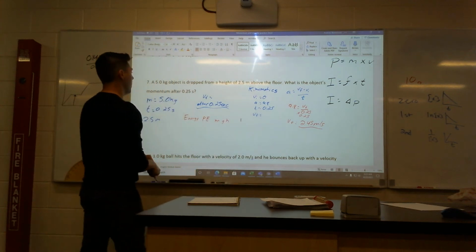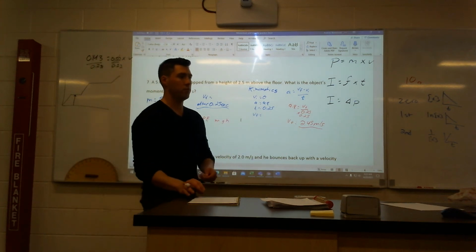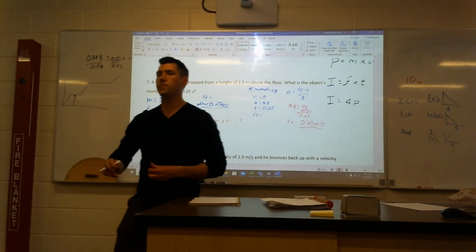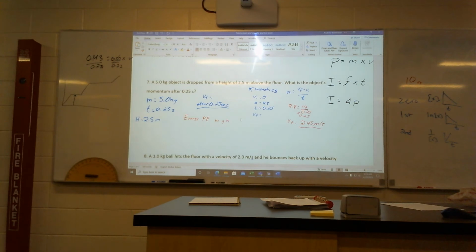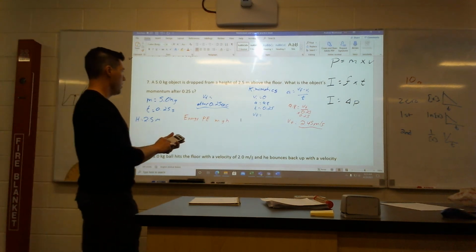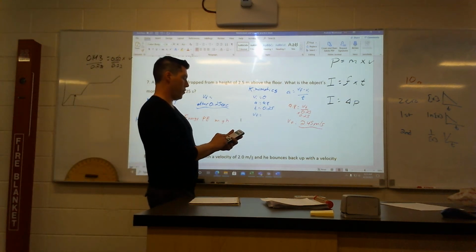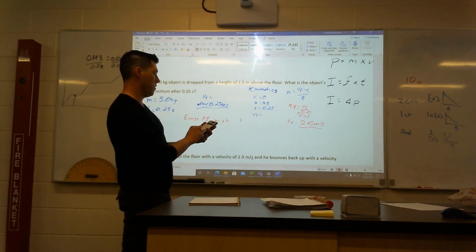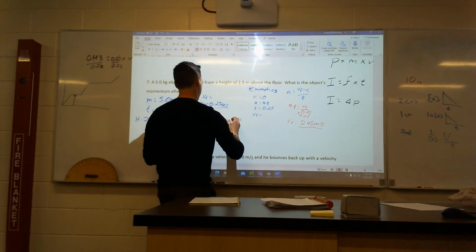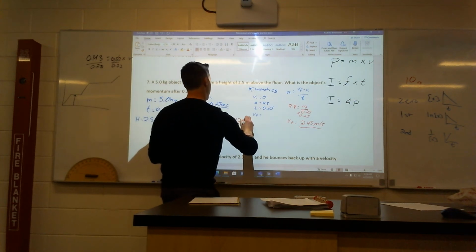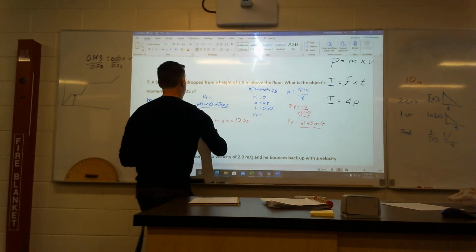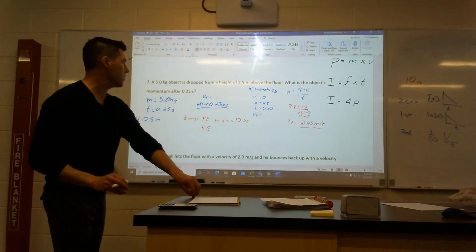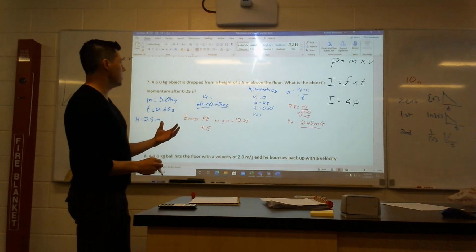So we have a mass of 5 times 9.8 times, what's the height? 2.5. Okay, we have potential energy. That is 12.25. Oh wait, we need to get that into my kinetic energy. The problem is I don't exactly know how far down it's going yet. I can't figure out a distance.